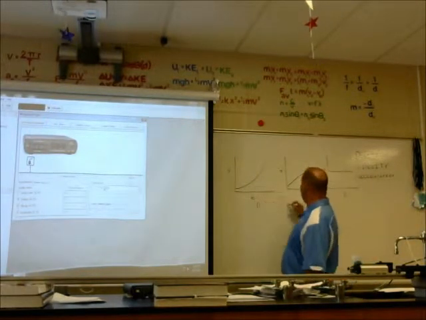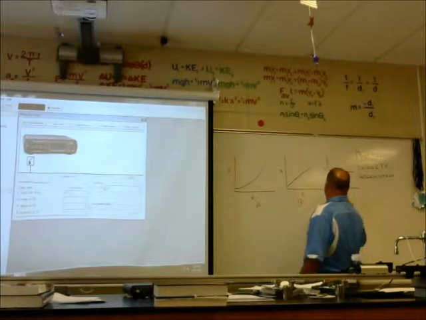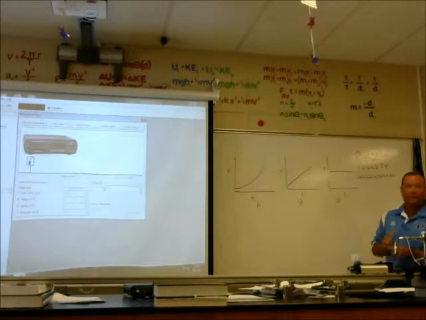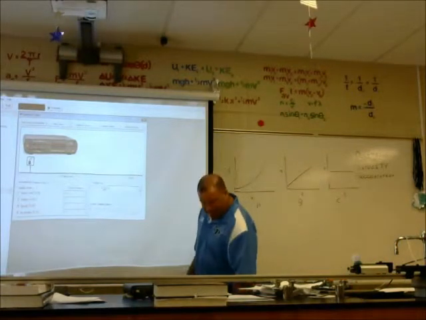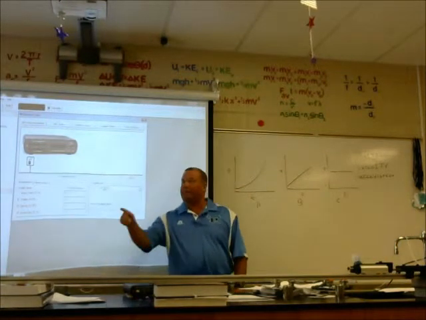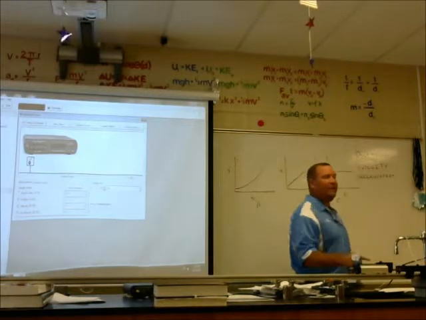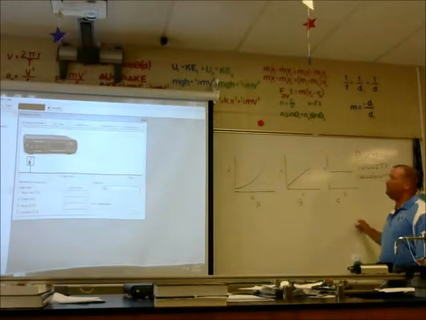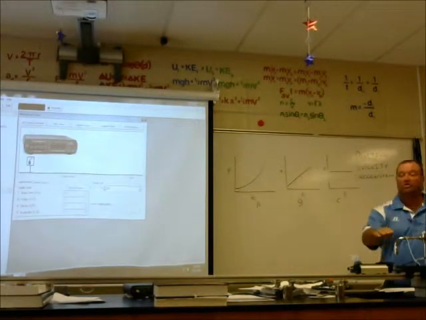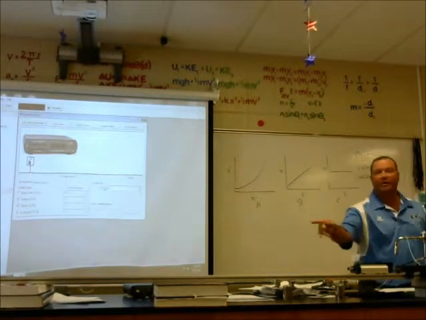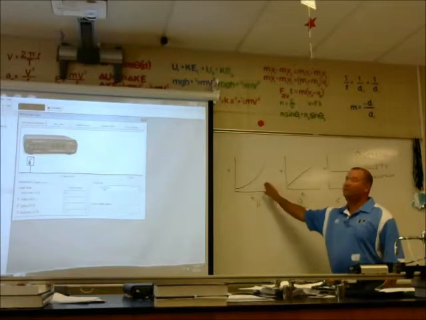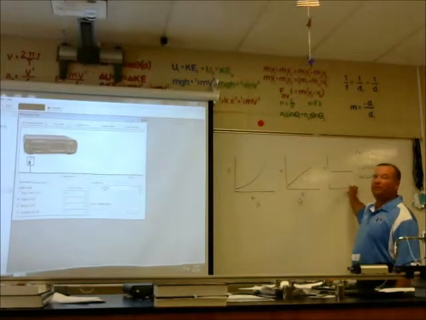We have three choices, A, B, and C, or D, none of those. Based on the little bit that we've talked about with position time graphs so far, make a real quick prediction. Write it down, talk to your neighbor. When I launch this cart down the track, will the graph look like A, B, or C?